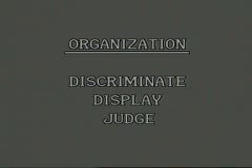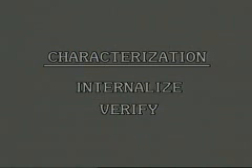Verbs that can be used for organizing, which refers to organizing a value system, are discriminate, display, judge. Lastly, the highest level of affective domain is characterization. This refers to internalization and verifying. But in formal instruction, usually we do not include this level because this is an internalized behavior in the person.